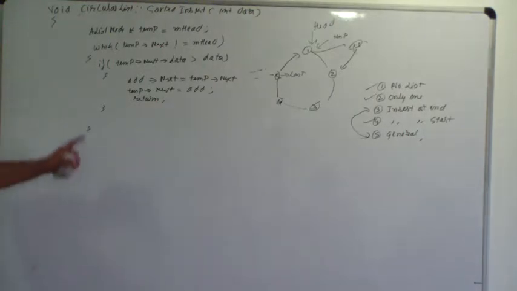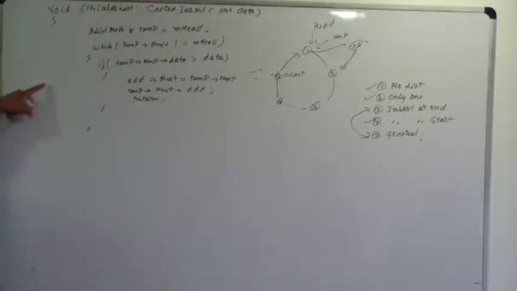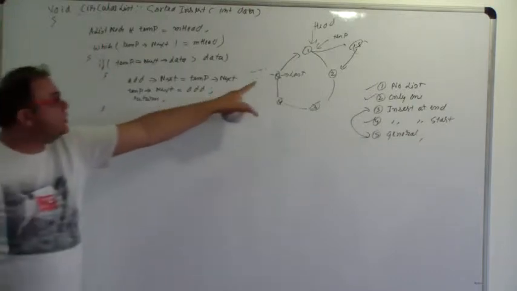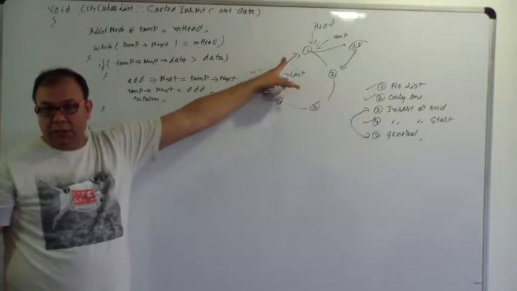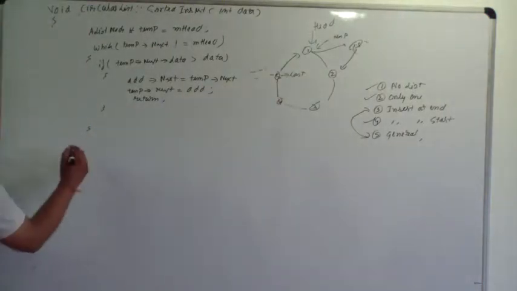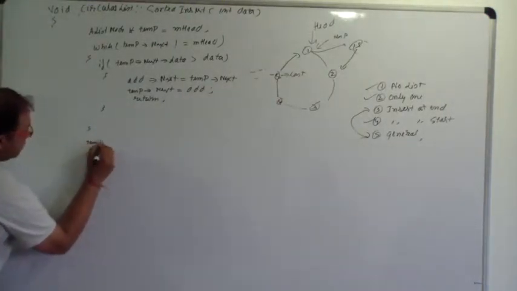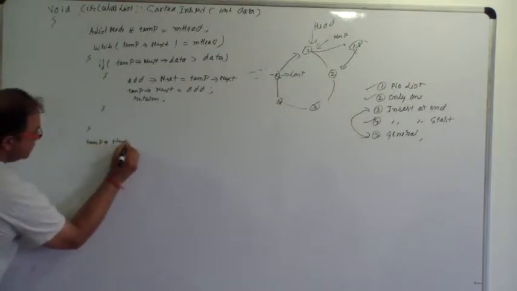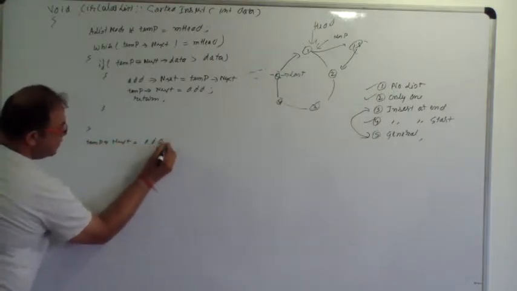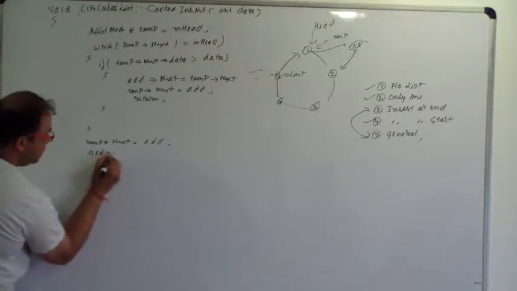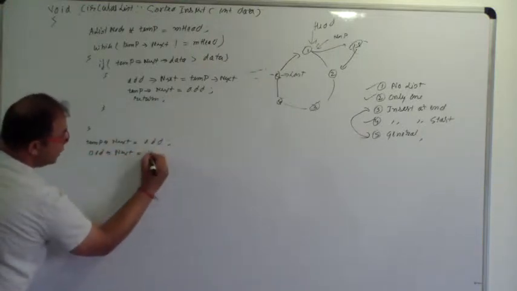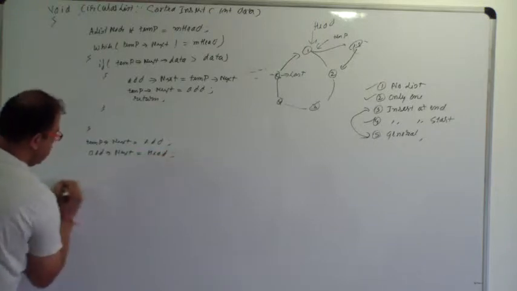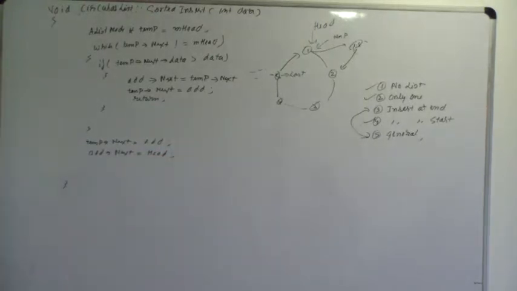Okay? Yes? Okay. So if it comes out of this loop, then that means that the value that we have to insert is in the last. Right? So what we will do is we will say temp arrow next is equal to add, and add arrow next is equal to head, and we return to this.